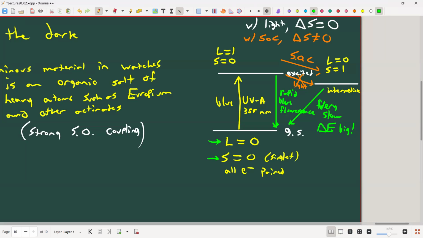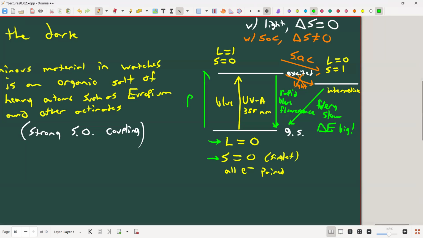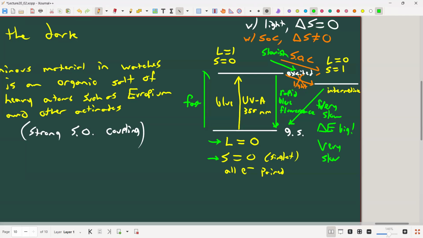So I have a very, very fast excitation. Fast. I kind of have a slowish transfer, and then a very slow decay. And it's at lower energy, which means longer wavelength, closer to the red. So what I'm doing here is I'm pumping molecules into the excited state.